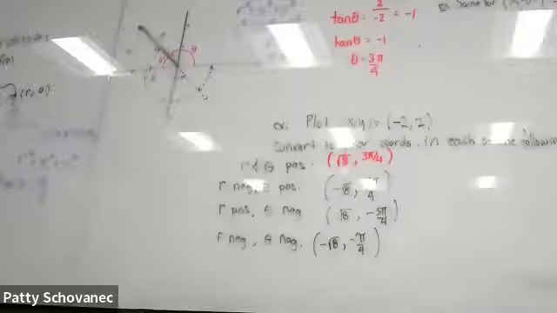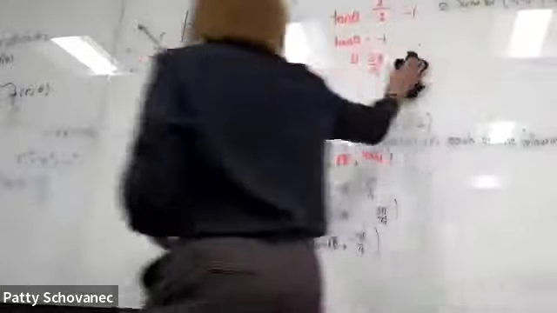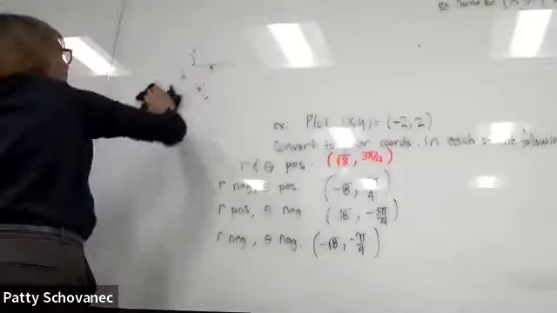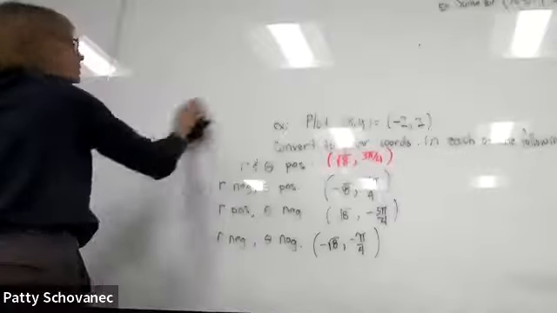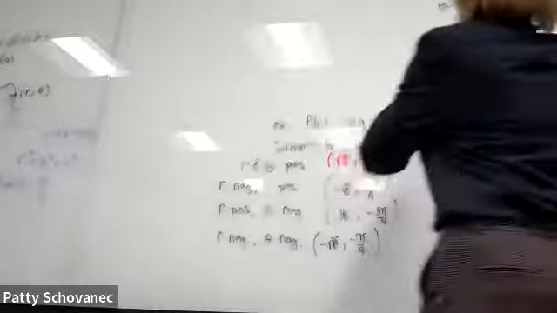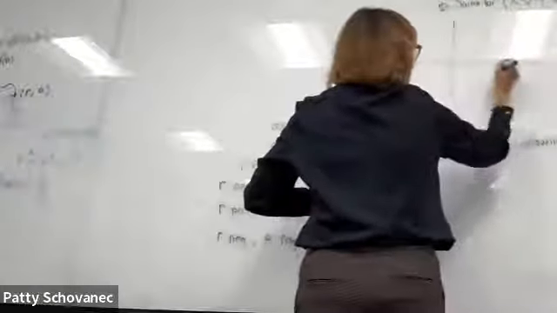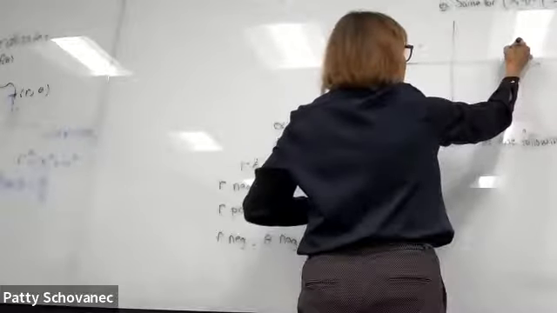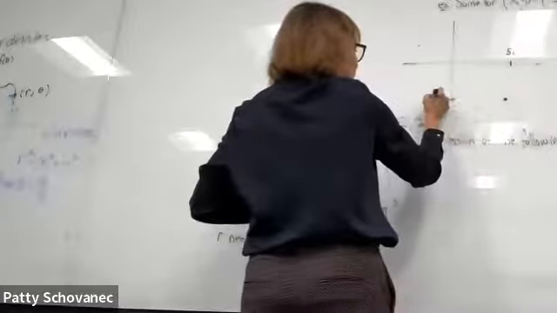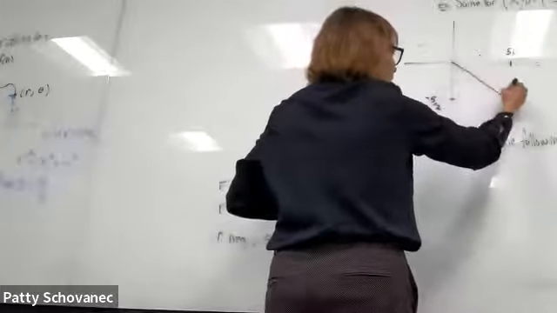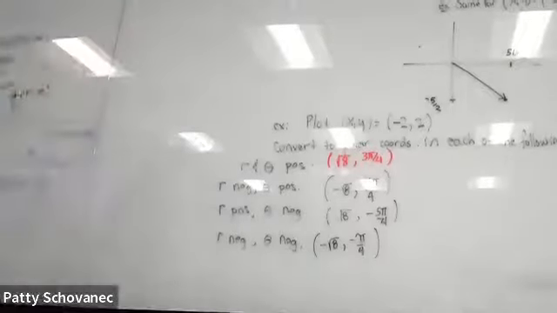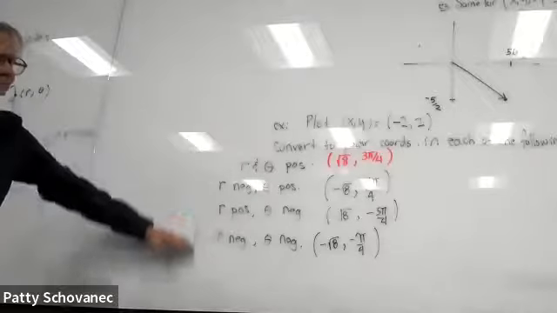So the easy one to get is r first. X squared plus y squared is r squared. Same instructions, convert to polar coordinates in each of the 4 ways.